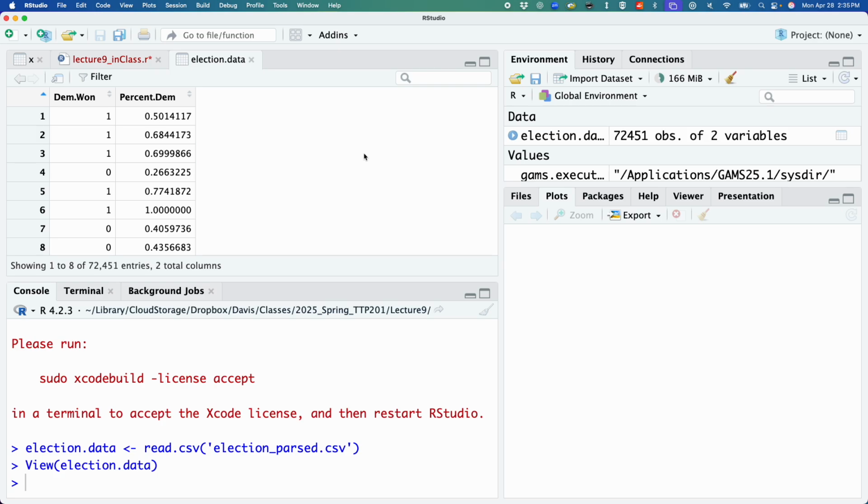The first column indicates whether a Democrat won or not, and the second column is the percentage of registered Democrats in the population of that county.